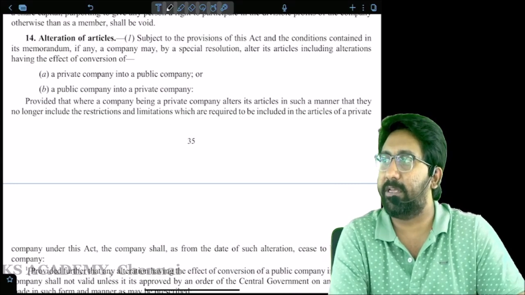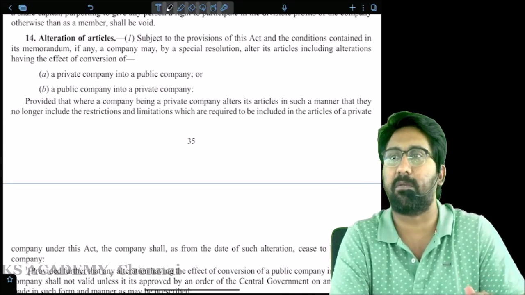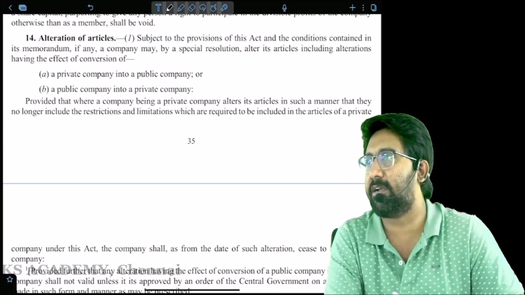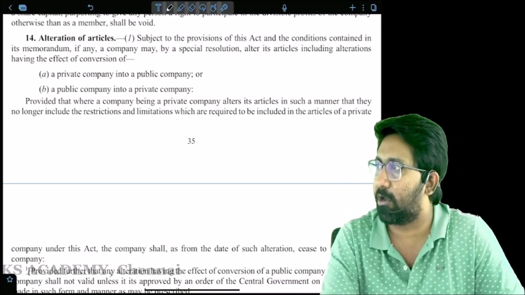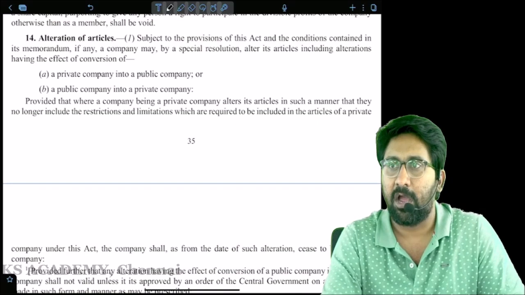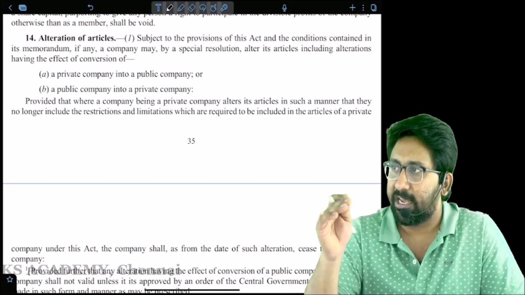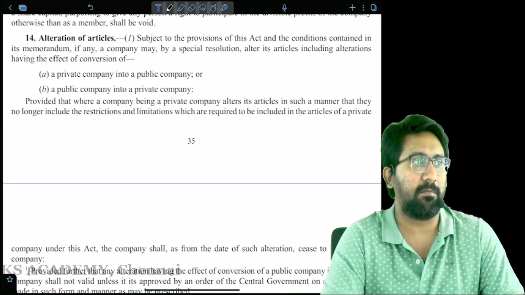In the memorandum, alteration means clauses have to be altered. We have read in depth about the name clause and its alteration, situation clause and its alteration, objects clause and its alteration. Clause-wise we need to alter everything in case of memorandum.